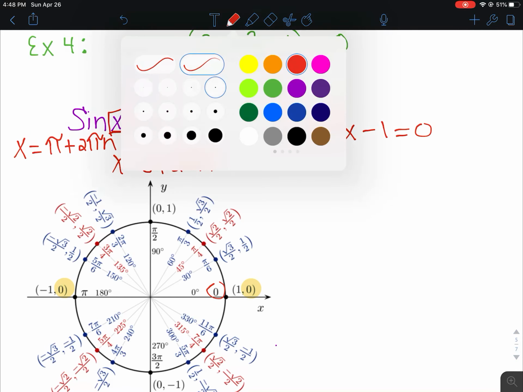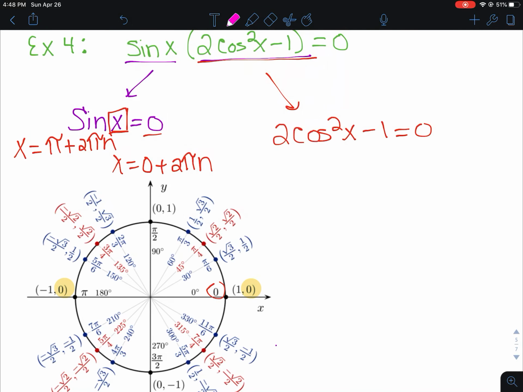So that's the first part. The second part, we have 2 cosine squared x minus 1 equal to 0. So again, treat it as if we had 2 b squared minus 1 is equal to 0. Solve it for the variable. In this case, this is one piece here. So I'm going to take away the 1 by adding it.